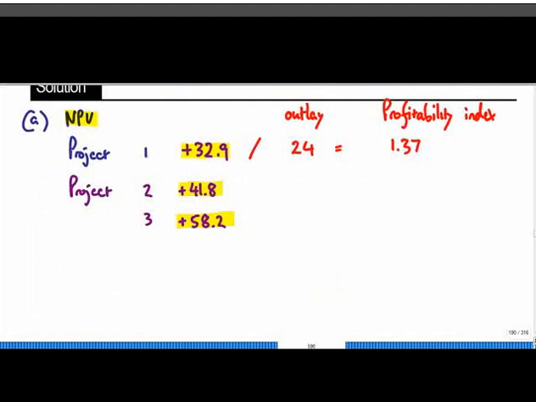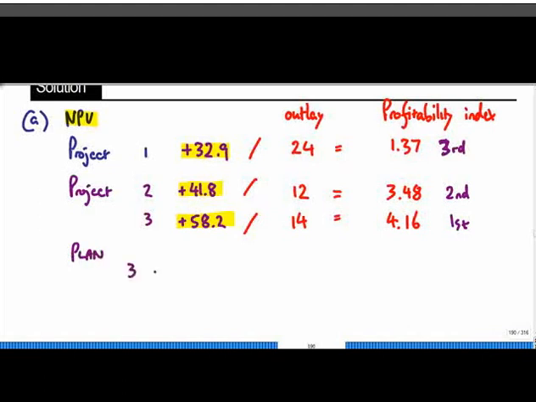That tells us that the best way for us to invest our money is project number 3, then project number 2, and then project number 1. So our plan will be to go for project number 3 first of all. The outlay required for project number 3 is 14, which we can afford.